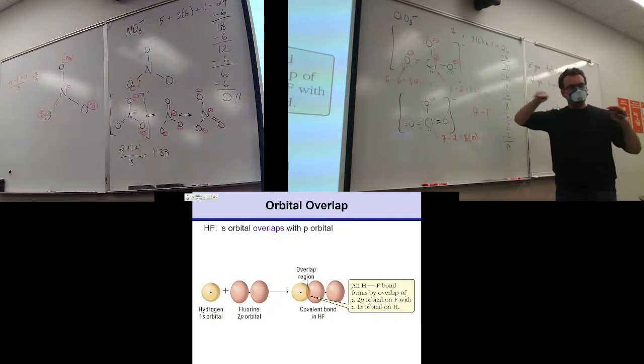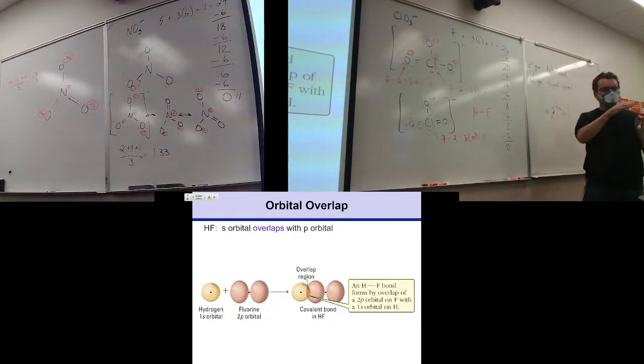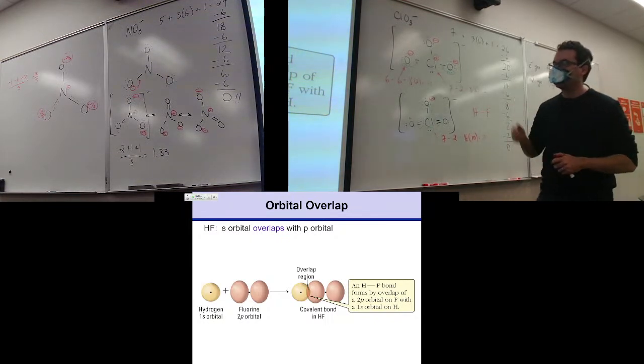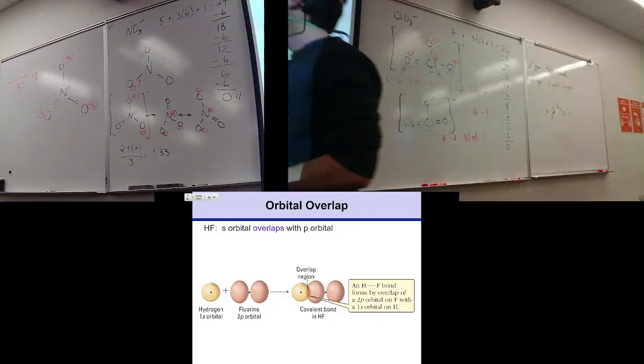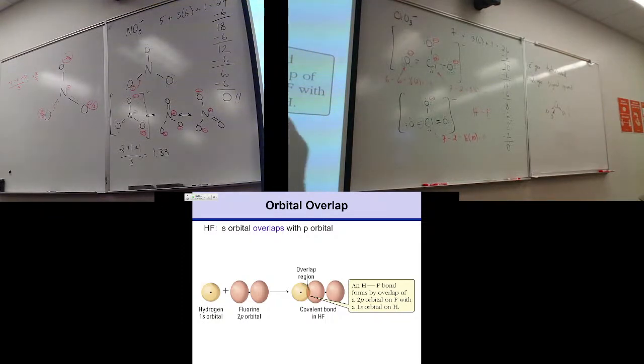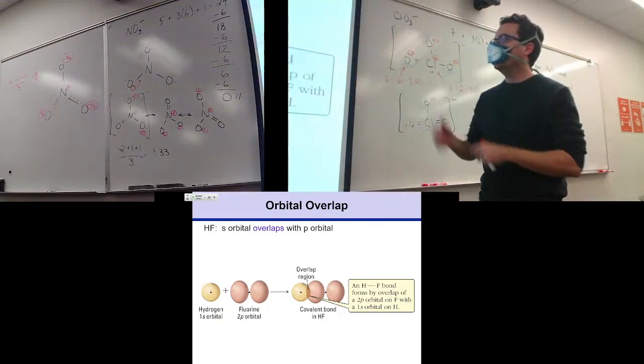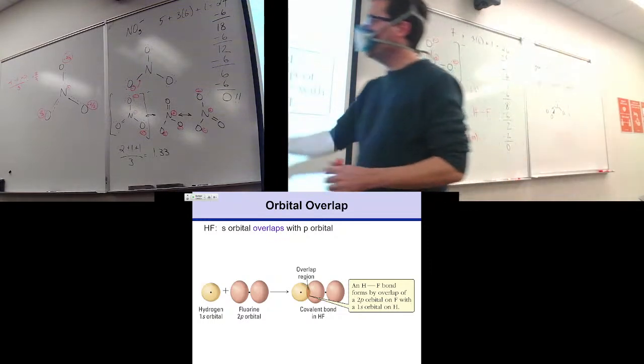When you do the orbital diagram for fluorine, the s orbital is filled, but the p subshell has 1 electron opening. It's 1 electron missing, so it needs a shared electron from the hydrogen. Well, the hydrogen's 1s with its 1 electron comes in, and it overlaps with the p orbital.